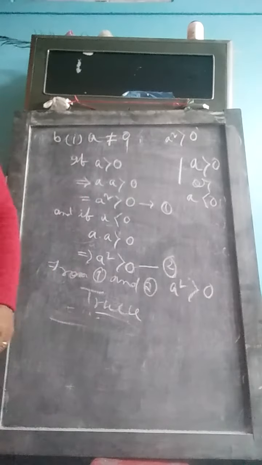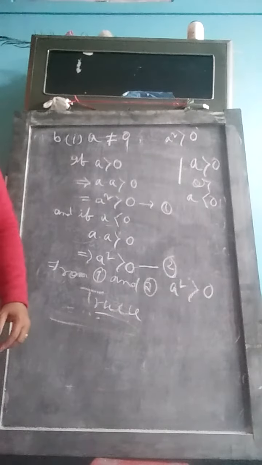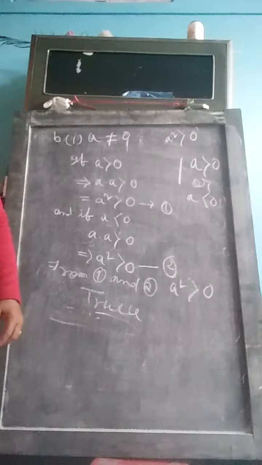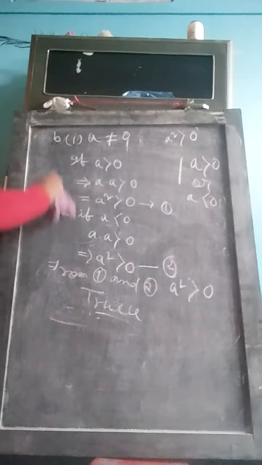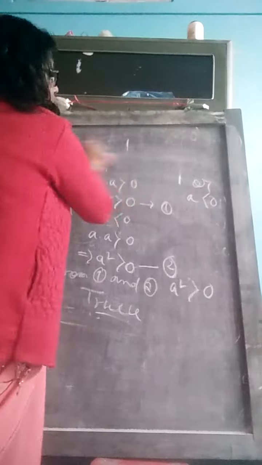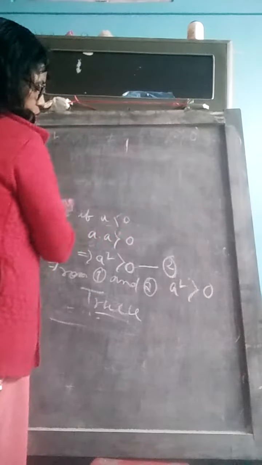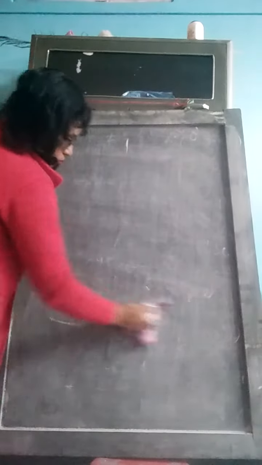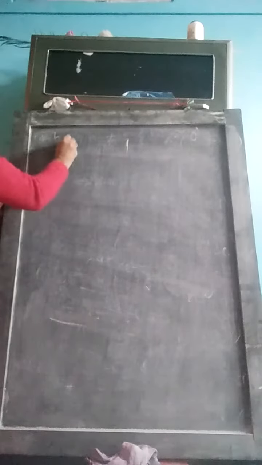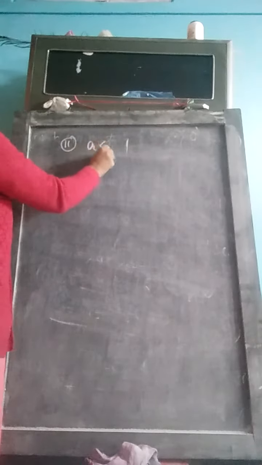Then what is the question number B? If A is less than B, then A square is less than B square. Number 2.